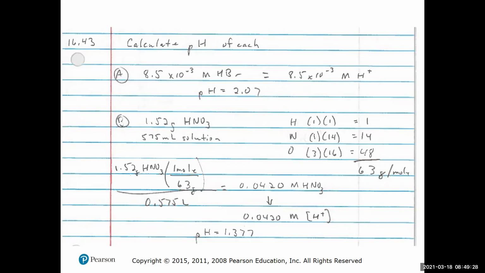The other thing I want to just remind you, when you're doing these types of problems where you're taking logs, as I said before, you take the log of this number, in this case 8.5 times 10 to the minus 3. The number to the left of the decimal, in this case 2, is reflective of what the exponent is. The numbers to the right of it, in this example 0 and 7, that's reflective of the 8.5.